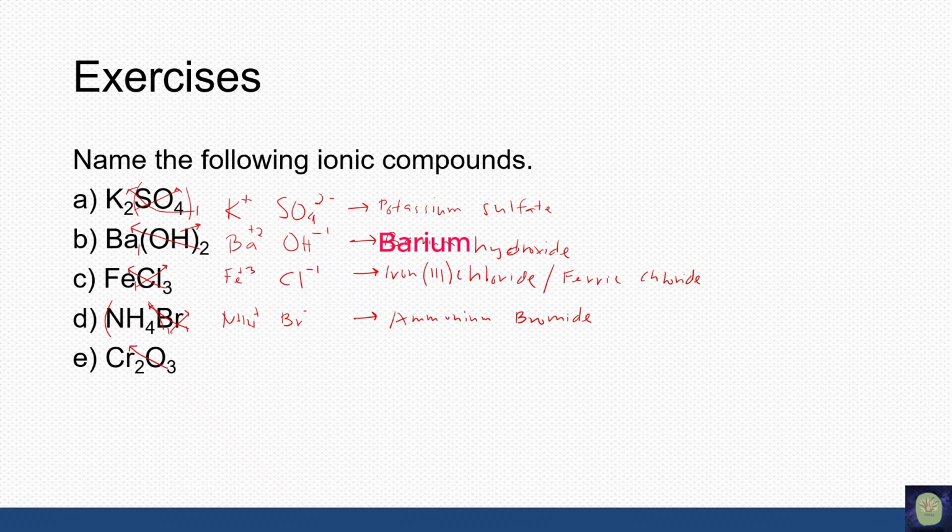And next, again, we crisscross. Write the name of the element, chromium, which would be positive 3, and then the oxygen, which is negative 2. You can pause the video, try to find the names. This would be chromium oxide.